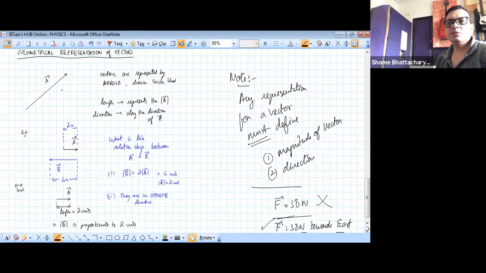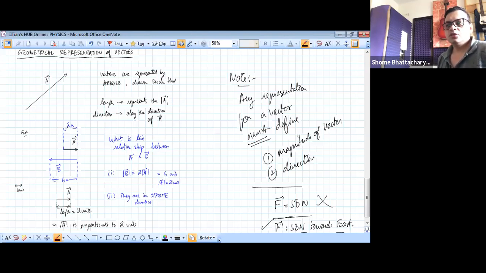So whichever direction the arrowhead is pointing in, that direction becomes the direction of my vector. Okay, so these are the two properties of the arrow, length and direction. They describe the two properties of the vector. The length is representing the magnitude of the vector, and the direction of the arrowhead is showing us the direction in which the vector is acting.